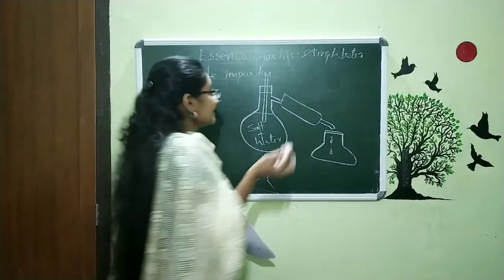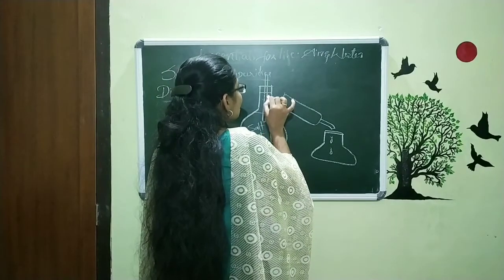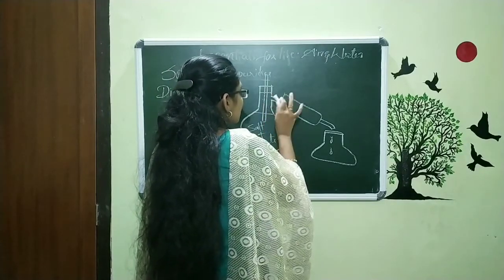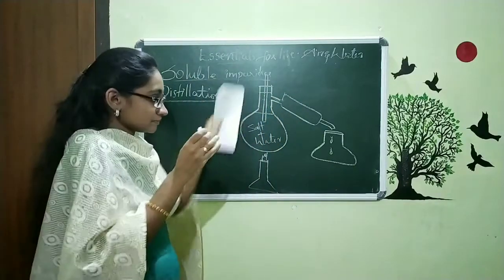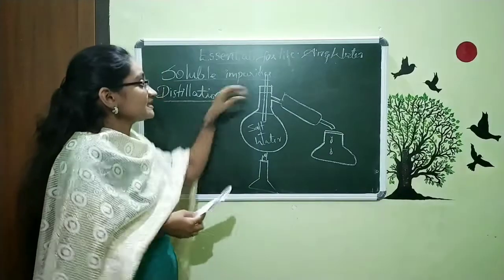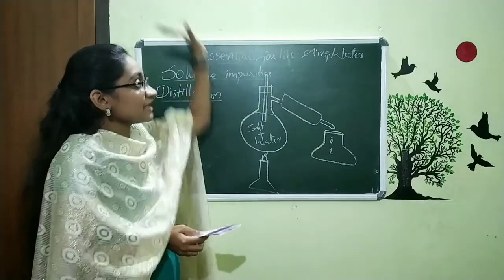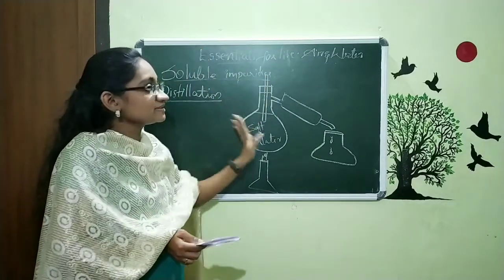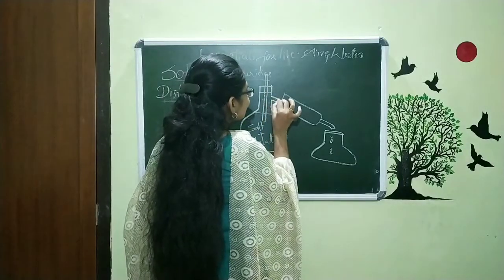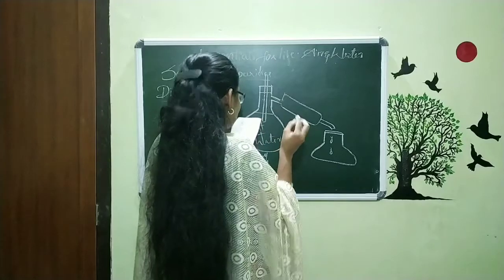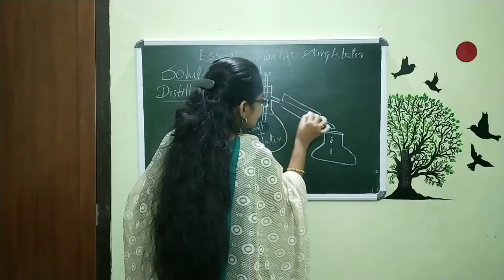That steam travels through this hole. Here we close this beaker, so the steam cannot escape away; it is trapped inside the setup. Because of this, the steam is transferred through this pipe.